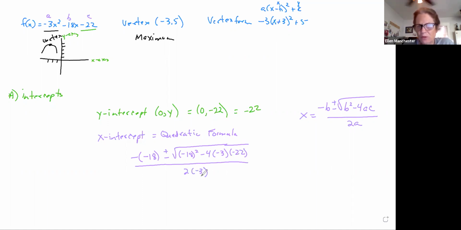Okay, make sure you put the right numbers in the right spot. If this is not in descending order, it's going to be a problem. Make sure that your quadratic is always in descending order. X squared, x, and then the constant.